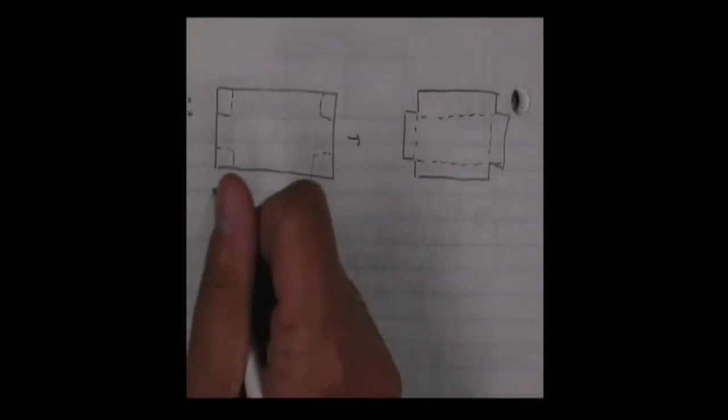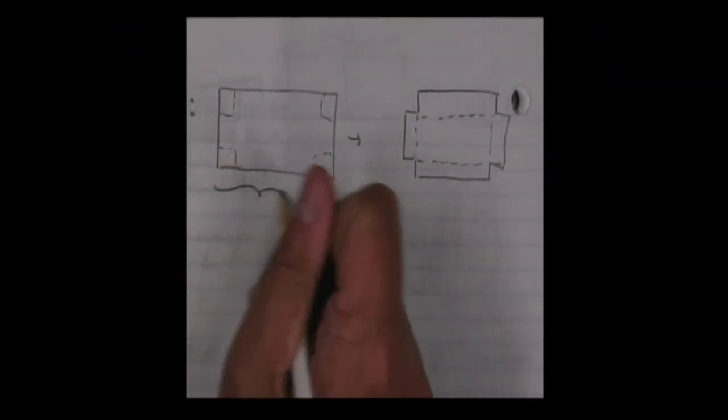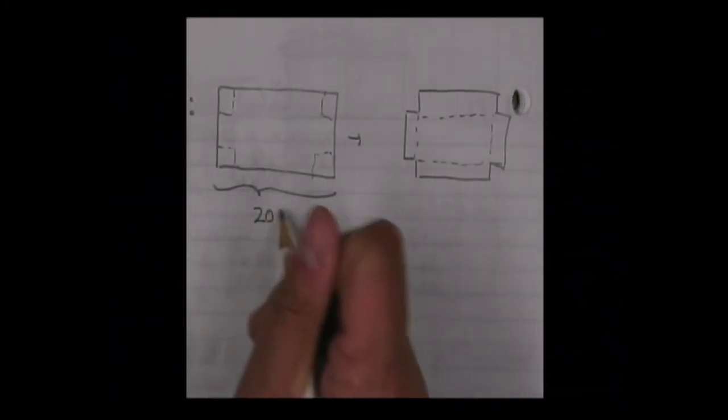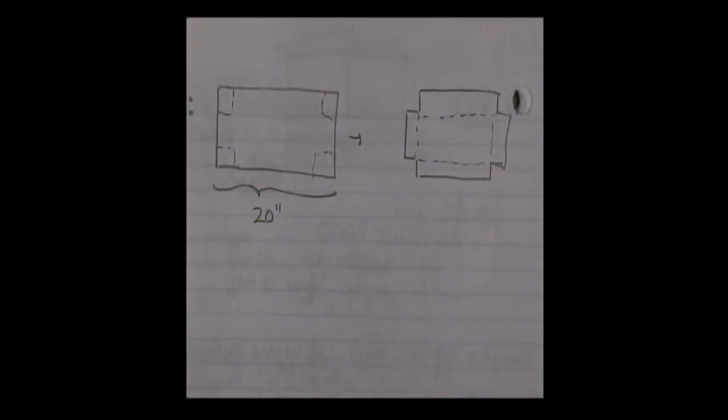So what we're going to know is the dimensions of the original paper. What I might know is this might be, say, 20 inches, and the original paper might be 10 inches wide.